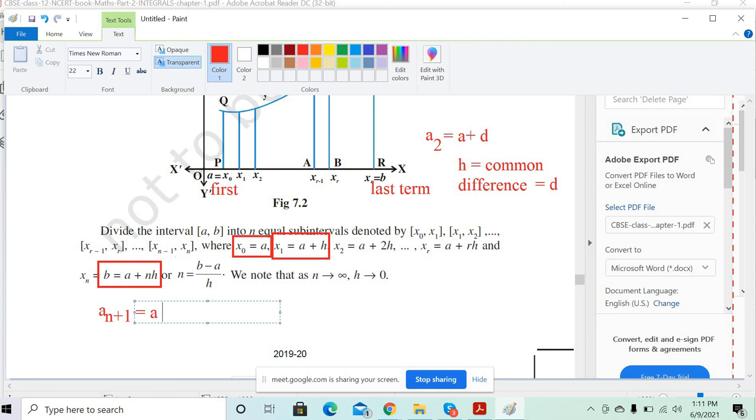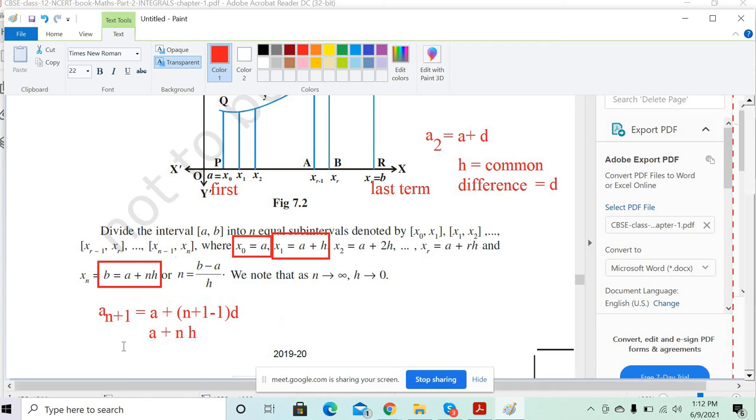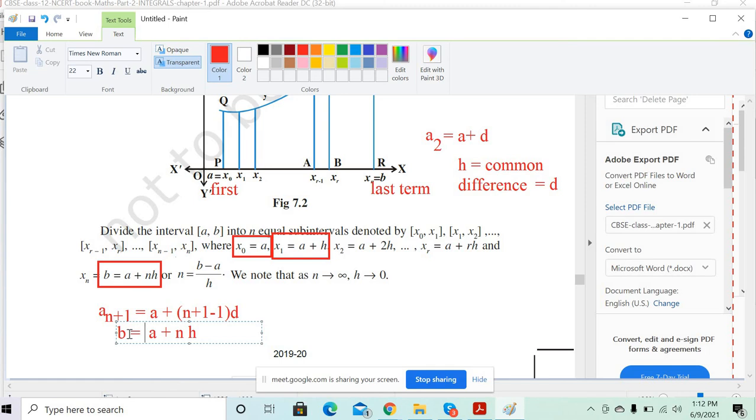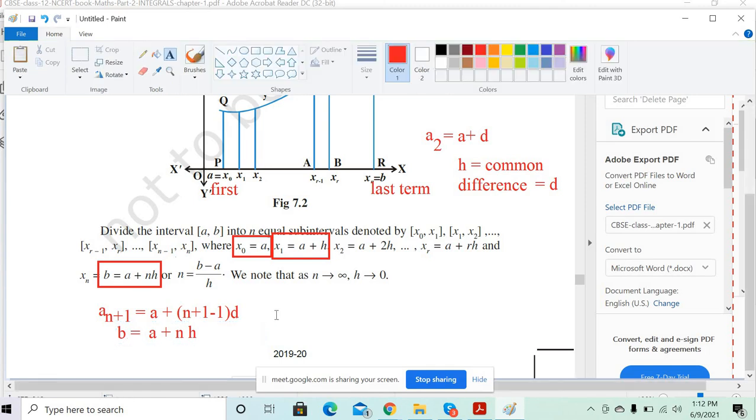So a plus n plus 1 minus 1 d, right? Here a is a, d is nothing but h, and the n plus 1 term is b, so you put b here. B is equal to a plus nh. Got it now?